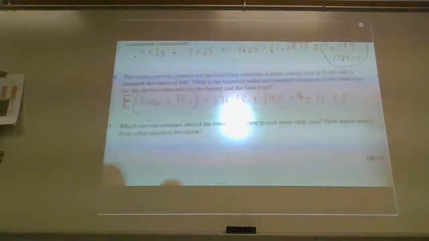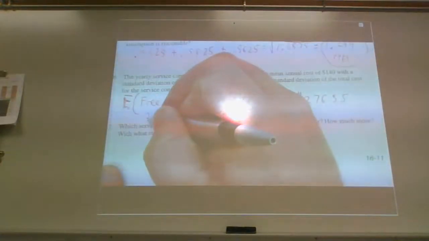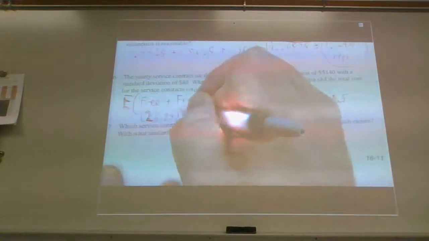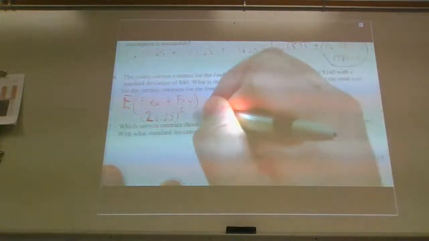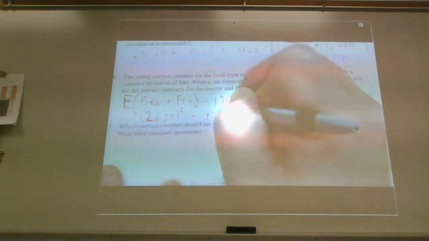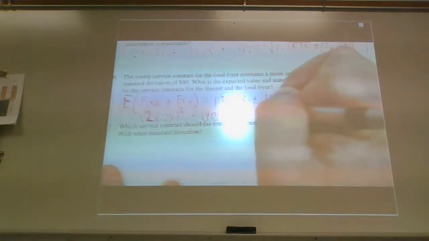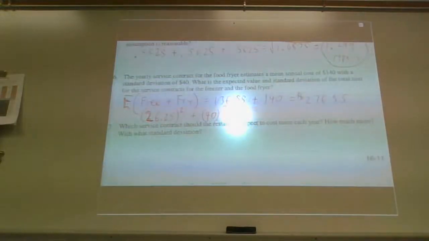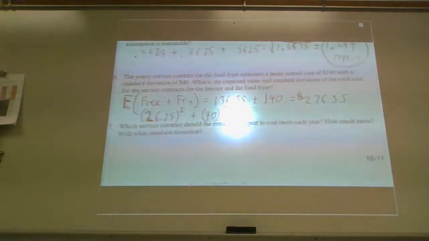So this would really be 2625 squared to convert to variance, plus $40 squared to convert to variance. Add those two things together.